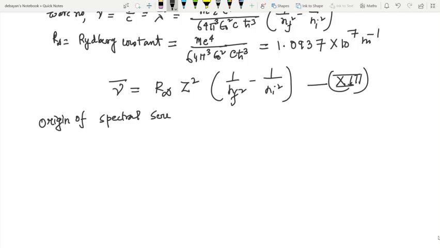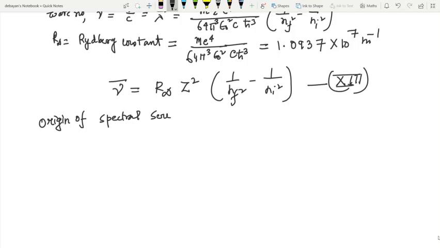Now we know that long before Bohr's theory, Balmer in 1883 had shown, through experiment, a formula with a constant and different integral values of n.